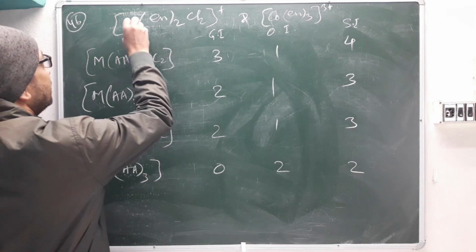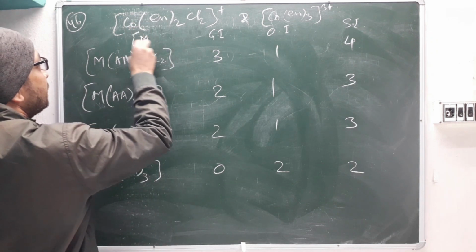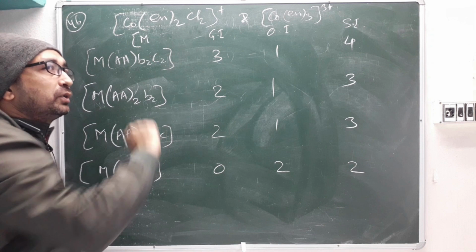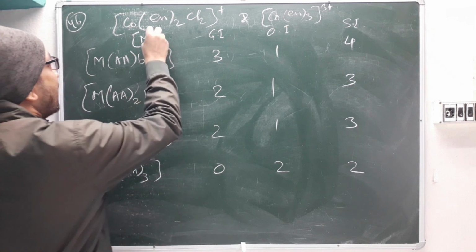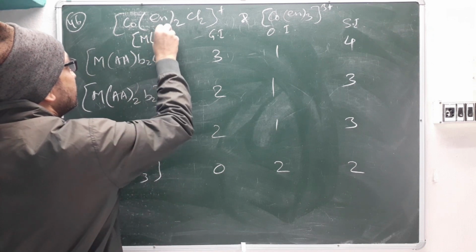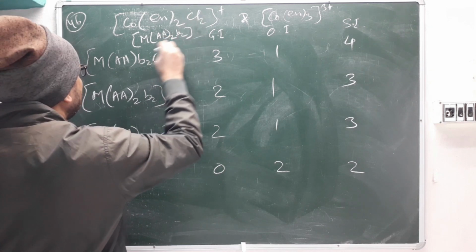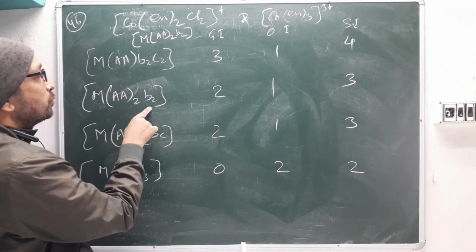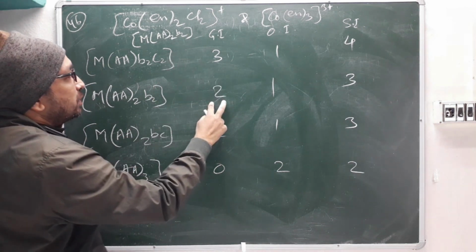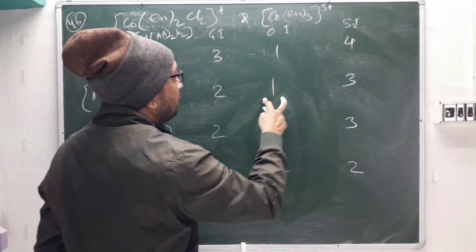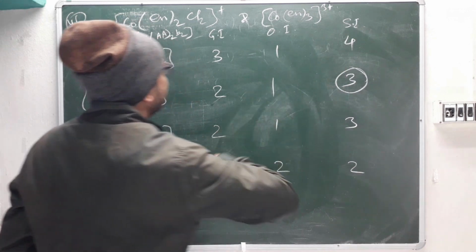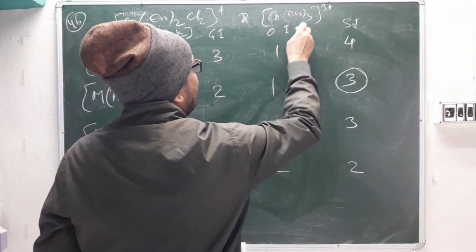So how do you convert this? Cobalt, you just write metal. This en, you should know, is a bidentate ligand. If it is a bidentate ligand, whatever is written you just write it down, AA2, and then this is B2. Now you just see M(AA)2B2. How many geometrical isomers? 2. How many optical isomers? 1. Total isomers is 3. Now for this condition, how do you write?